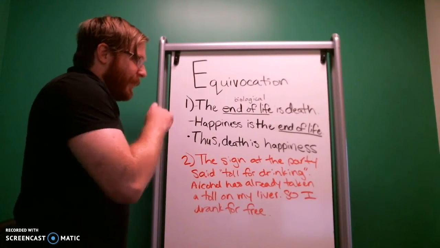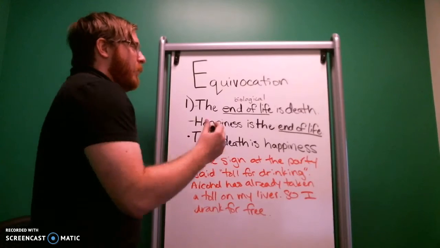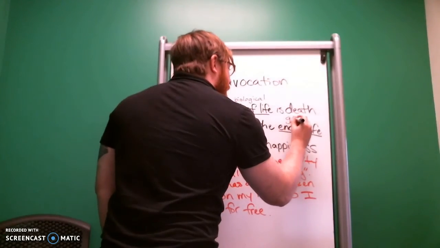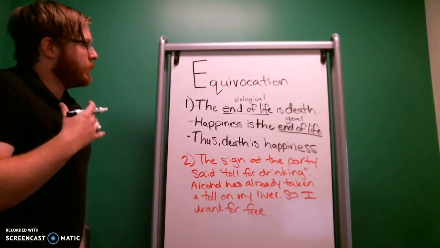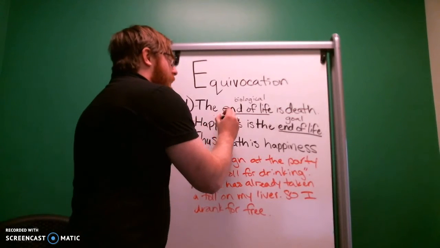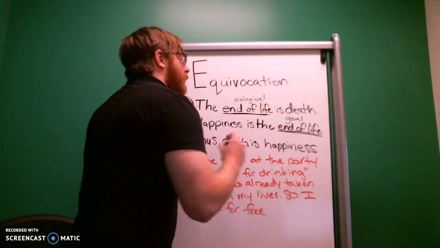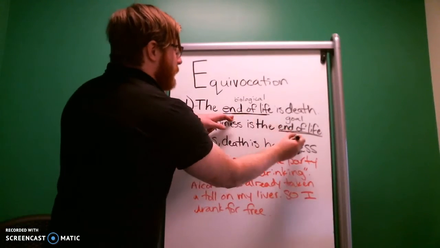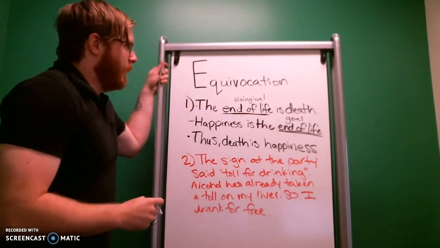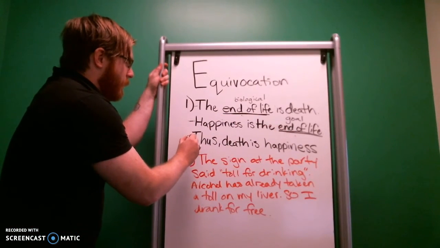In the second sentence, they're saying happiness is the end of life. Well, here they really mean something like a goal. Right? So that's really important. They're playing on an ambiguity. And so, since we're not using the same meaning for end of life, the inference doesn't follow to our conclusion.